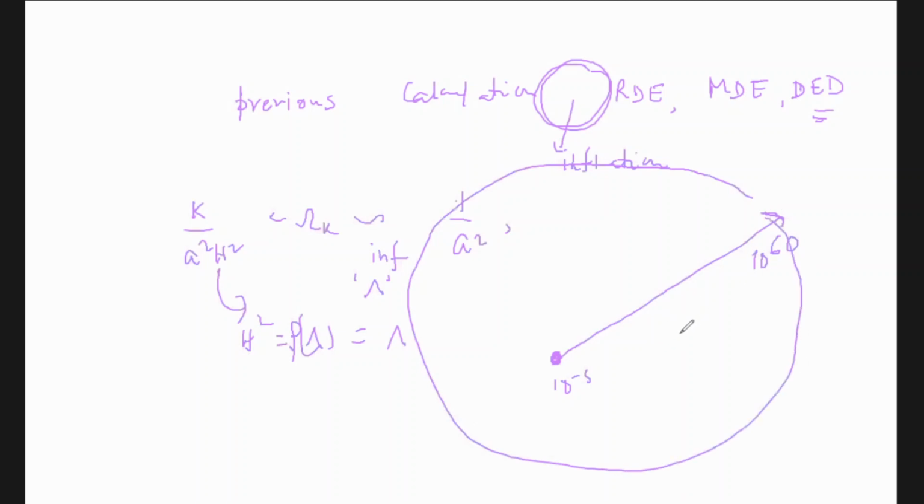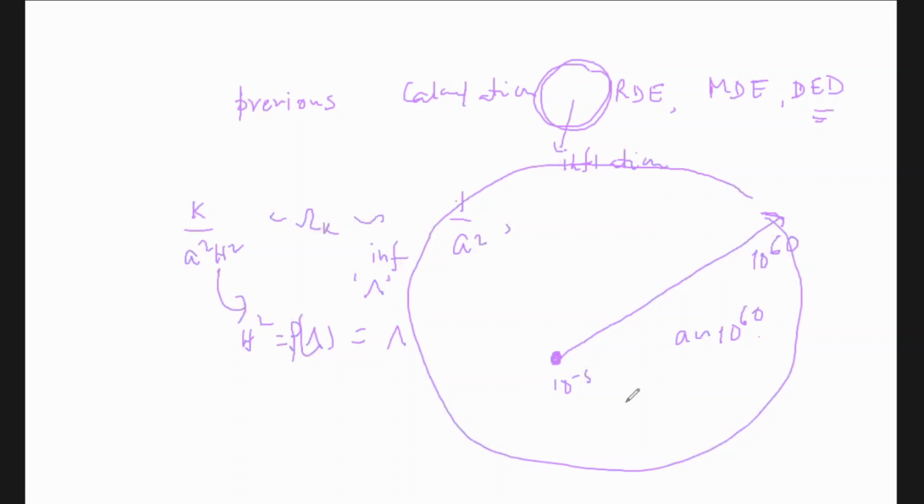So larger means a becomes 10 to the power 60 times a beginning. So now you know this omega k goes as how much? 1 by a square during inflation.